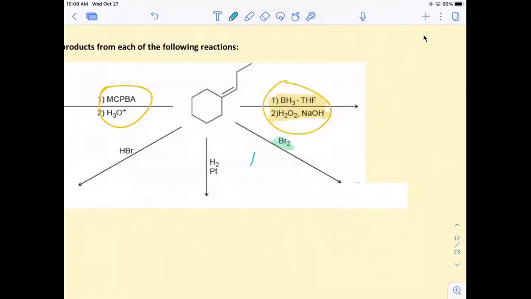Is the product cis or trans? It's actually trans, because the bromines don't want to be on the same side as one another. So the product is going to look like this.